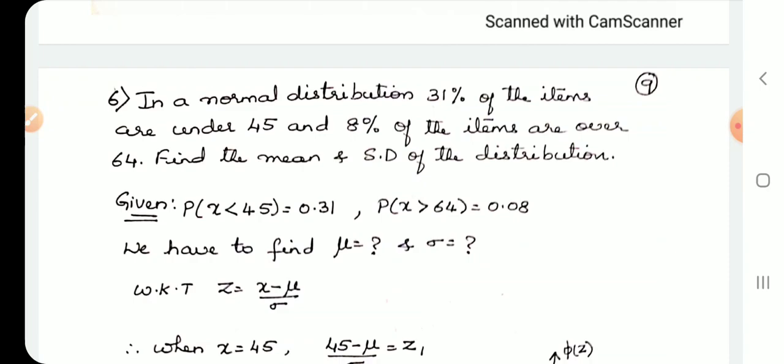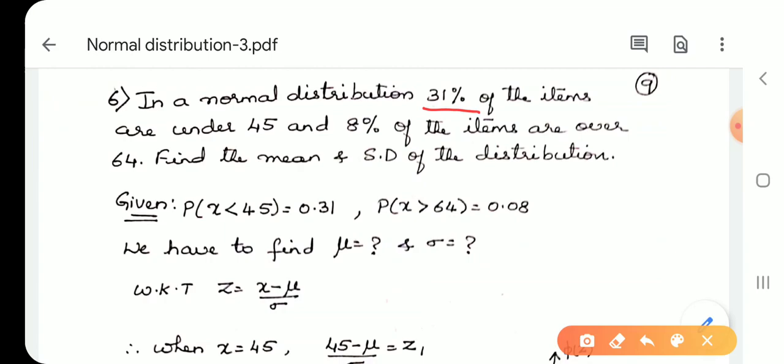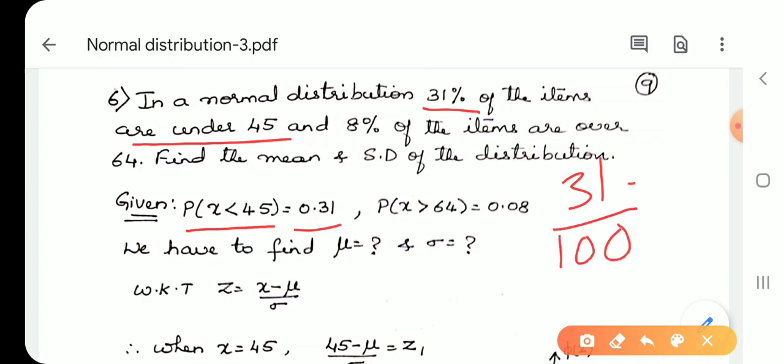So let us go to a different kind of problem now. So let us see the next problem. In a normal distribution, 31% of the items are under 45. That is, P of x less than 45 is 31%. 31% means 31 by 100, which is nothing but 0.31.